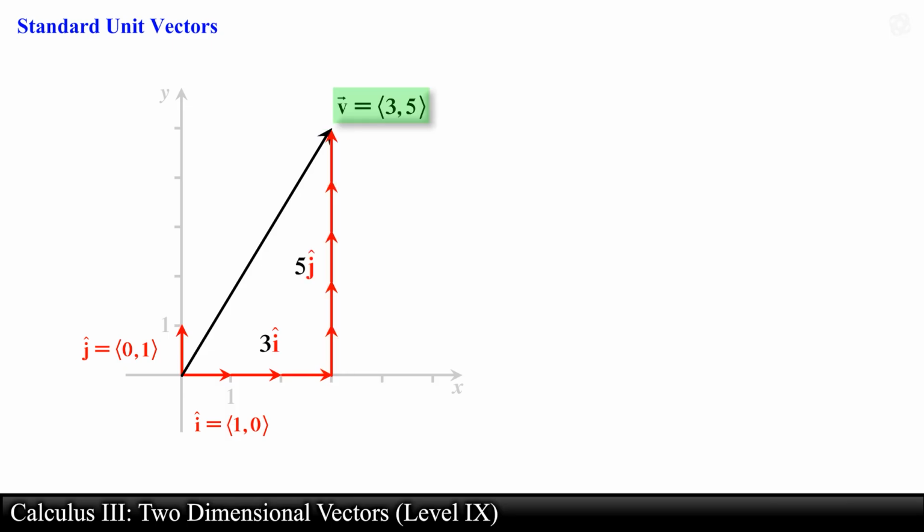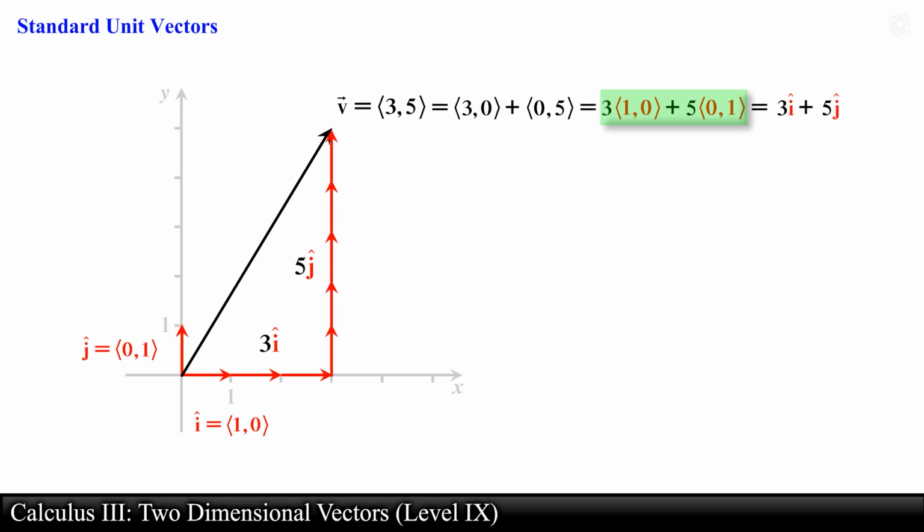Mathematically, we can denote vector v by using standard unit vectors as follows. Vector v can be represented as the sum of the x component plus the sum of the y component, and each component can be represented as a scalar multiple of the standard unit vectors. We simplified this expression by replacing the unit vectors with i hat and j hat, respectively.